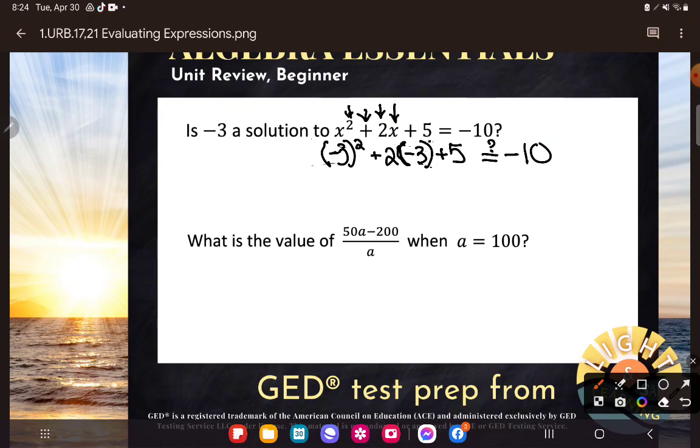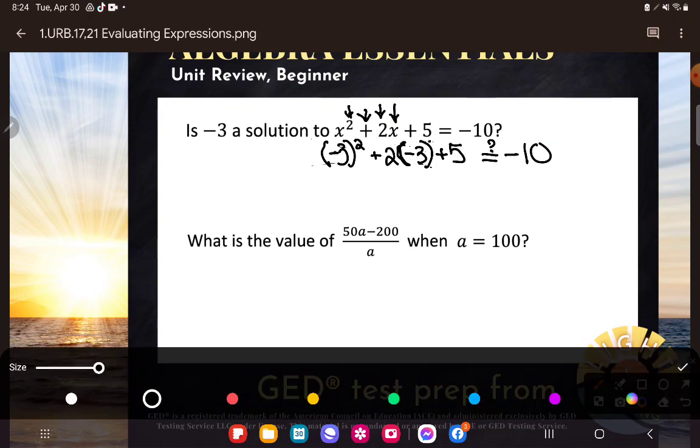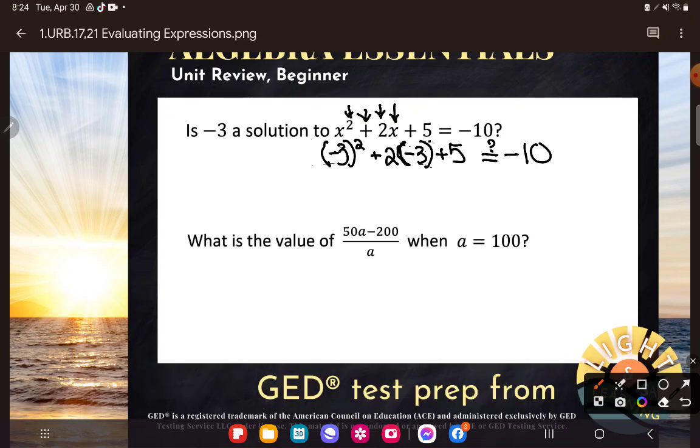And feel free to type this whole entire thing into your calculator, okay? You don't have to simplify it by hand. But since I don't have my calculator, it looks like I'm going to have to. -3 squared is the same as -3 times -3, so that's +9. +2 times -3 is -6. Plus 5.